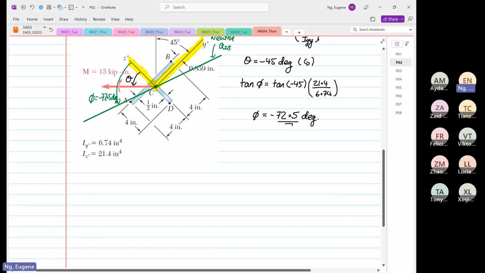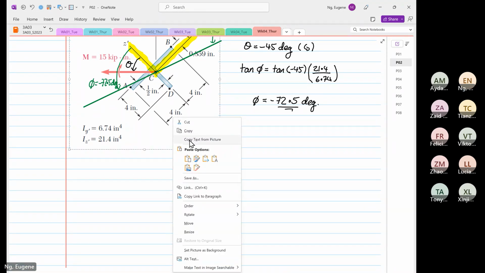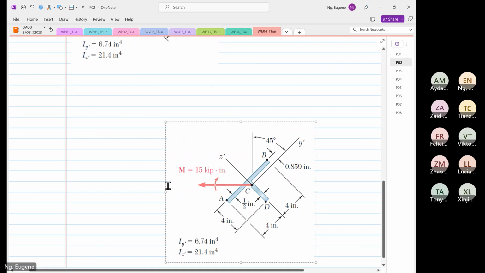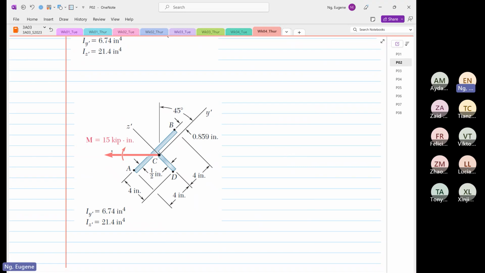Okay, I'll use the same diagram, but this time I'm going to change it. This time, the applied moment is not in this direction anymore.